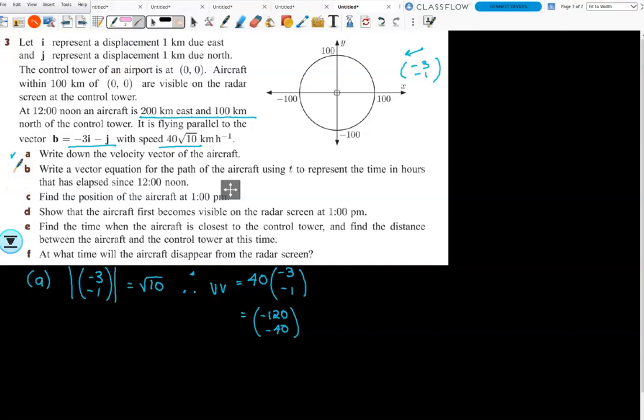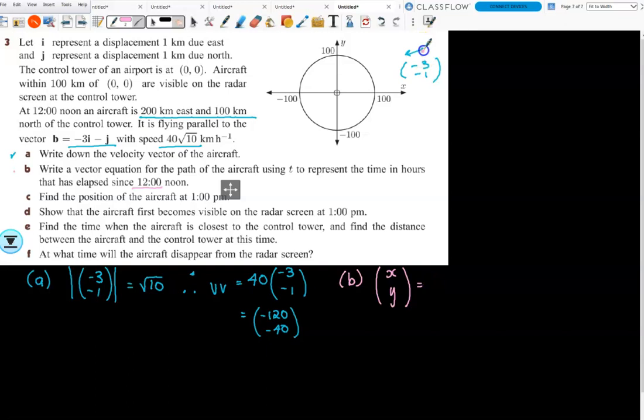Okay, we then hit on with B. Write our vector equation for the path of the aircraft since 12 o'clock. Groovy with that. So our vector equation, there's x, y. Have you done this one? We'll carry on in a minute. So what was our initial point, did we say?